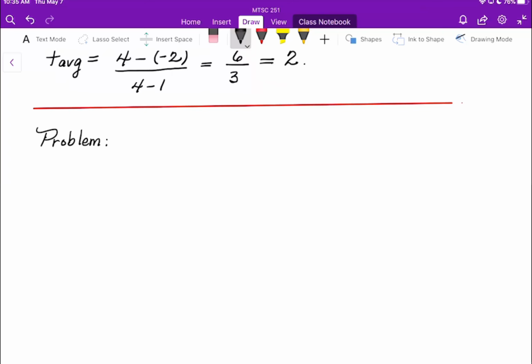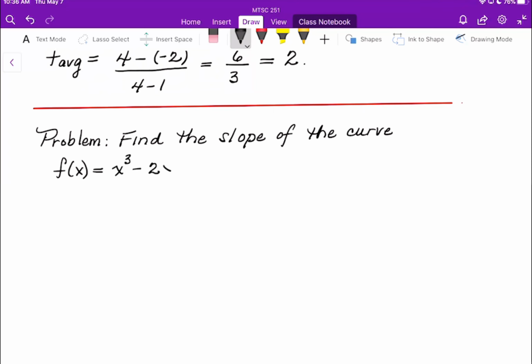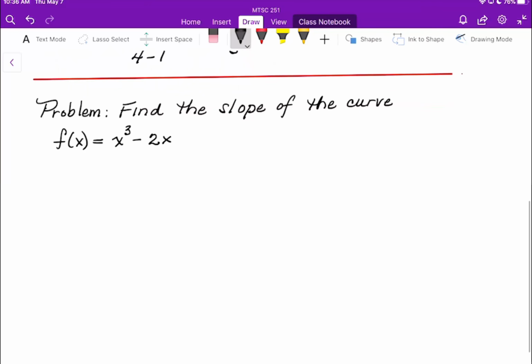Find the slope of the curve f of x equal to x cubed minus 2x at the point 2, 4.